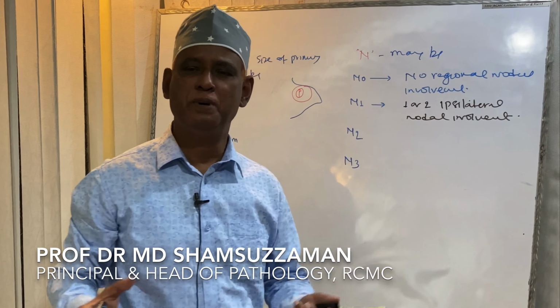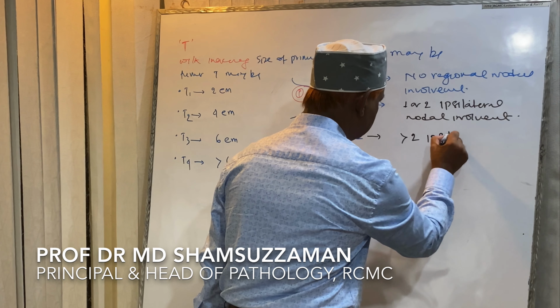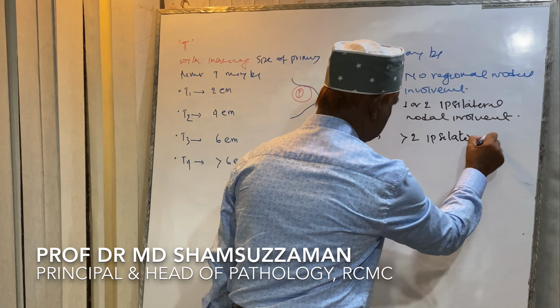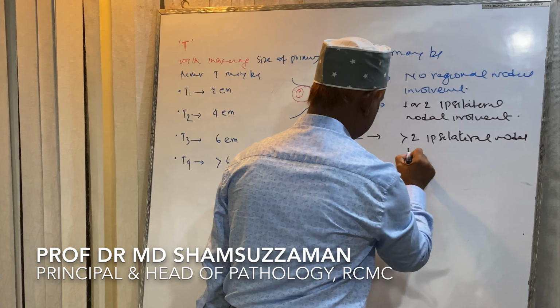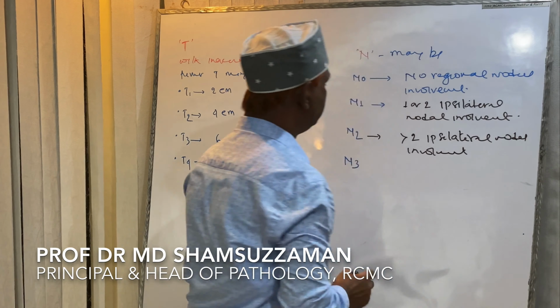N2 means more than 2 ipsilateral nodal involvement. Again, if mother suffers from right sided carcinoma of breast, N2 in that case means on right side more than 2 nodal involvement.